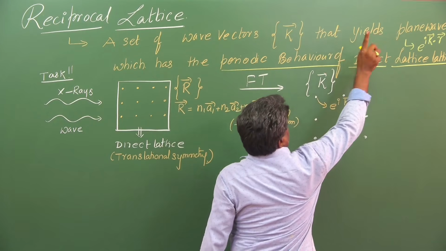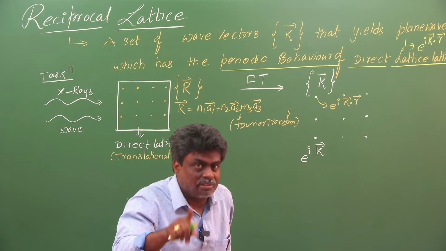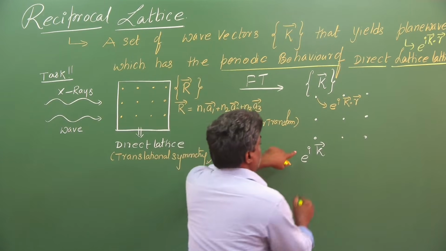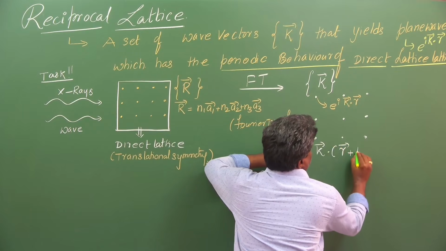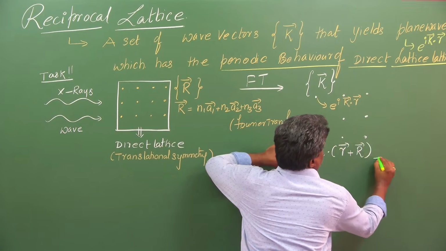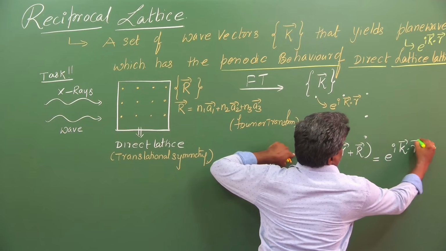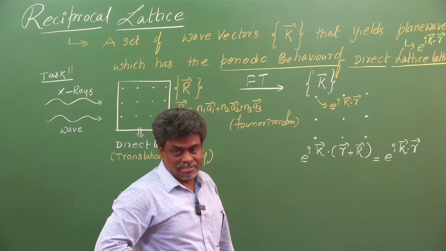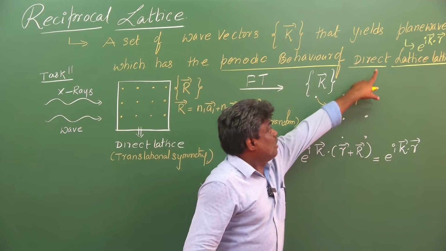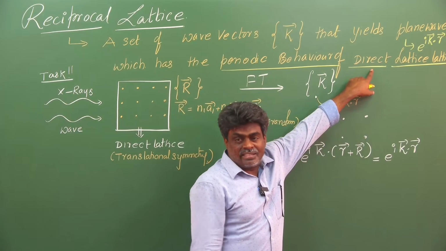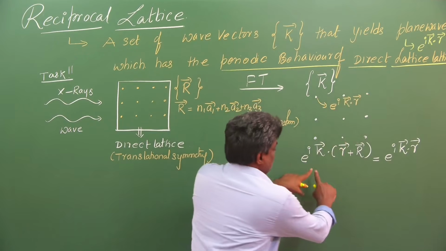You said that the plane wave should have periodic behavior, so it should satisfy e raised to i k bar dot (r bar plus capital R bar) equal to e raised to i k bar dot r bar. That is the periodic behavior. What have you added? R bar, a vector of the direct lattice. Is that clear?